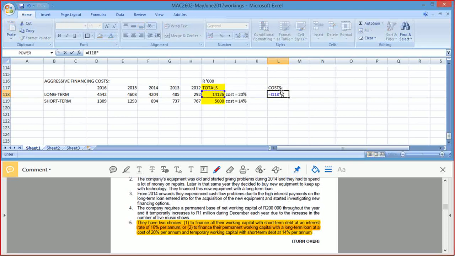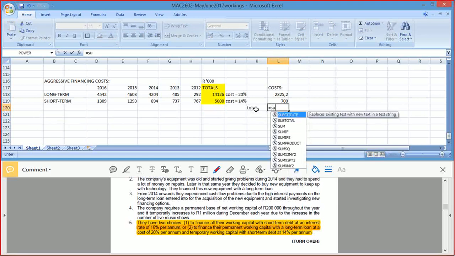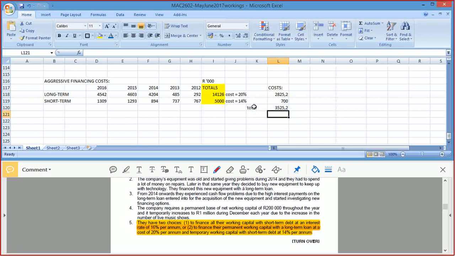So this times 20%, this times 14%. Total cost. Sum up that. Okay, so you see that's the total cost.